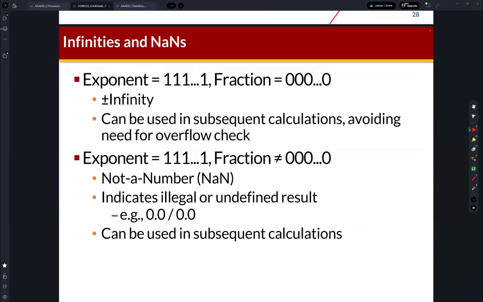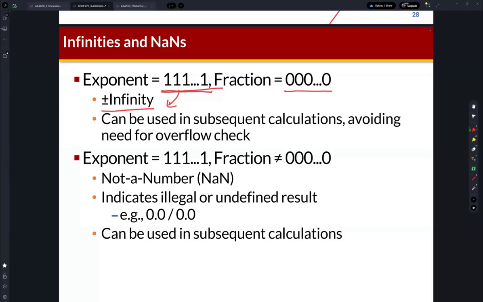And then what if all the exponent bits are ones? Then it represents infinity or not a number. This is a special format. If all exponent bits are ones and the fraction is all 0s, then it represents infinity. It cannot be represented using the normal floating point format, so we can identify a very large number.